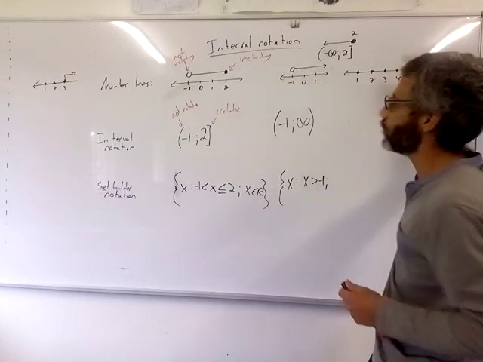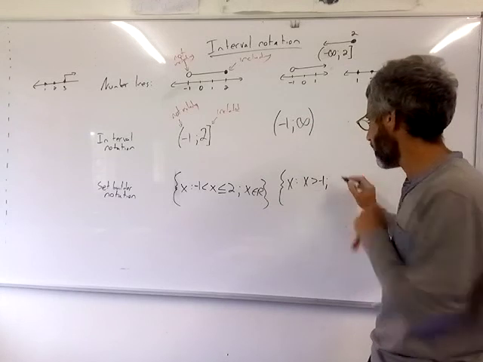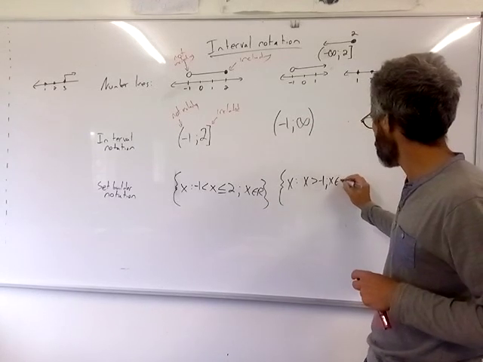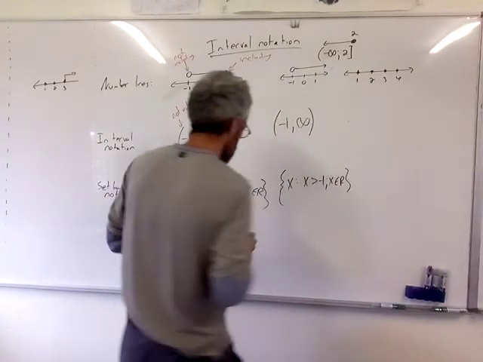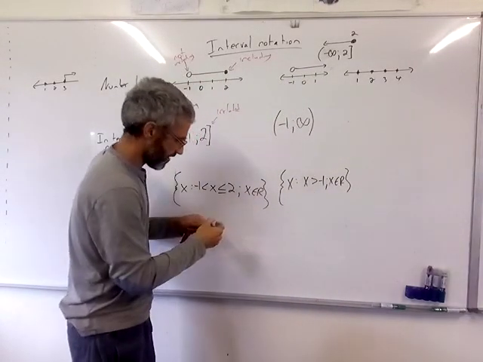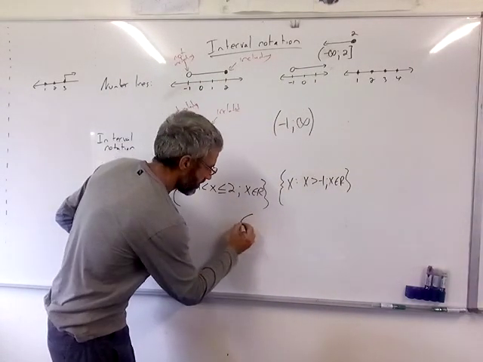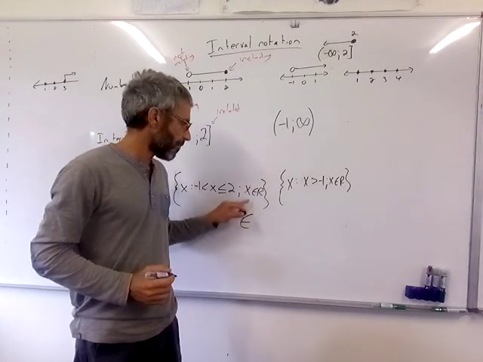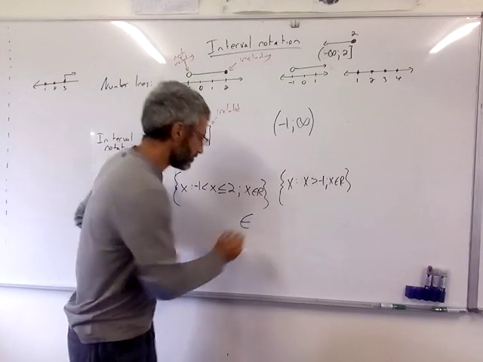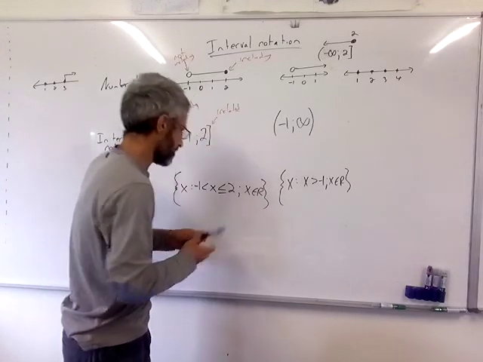I've got a smooth line that doesn't stop anywhere. I'm looking at all the real numbers. Oh, I didn't mention that before, and I should. This funny sign, I'll make it bigger, is like an E sign or a euro sign. That means belongs to. I'll write it down here.